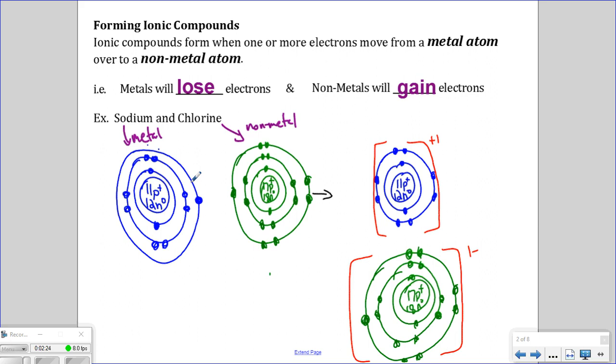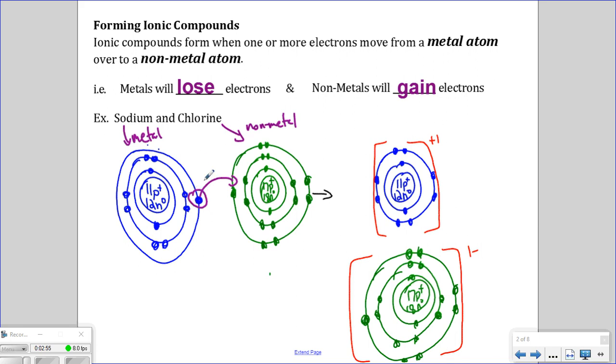Now, ionic compounds will form when the valence electron or valence electrons from a metal atom transfer over to a nonmetal. So in this case, sodium has one valence electron, and it will give up that valence electron to chlorine. Remember that sodium here has a full set of electrons underneath this valence electron.